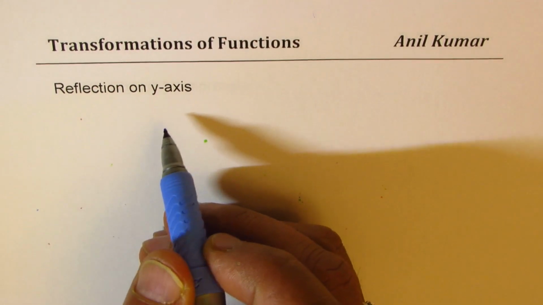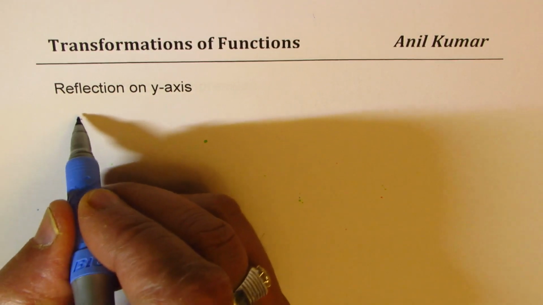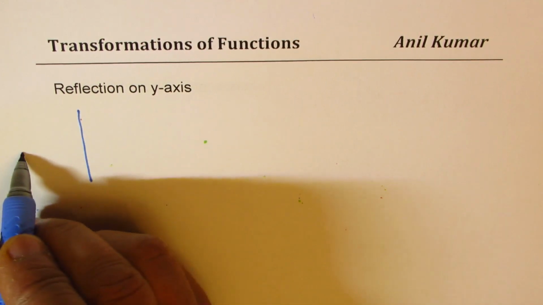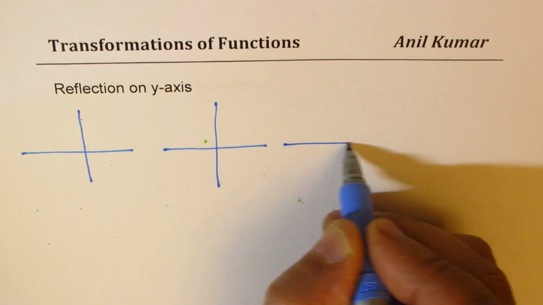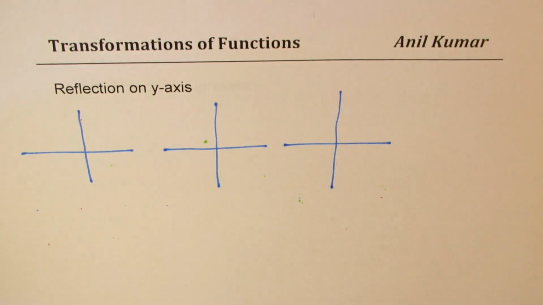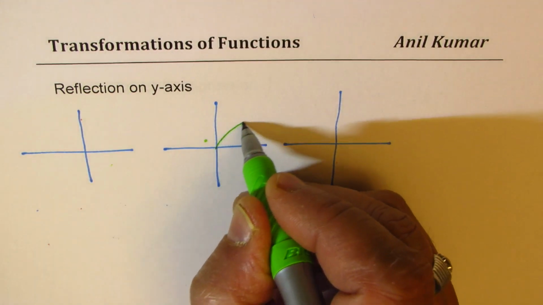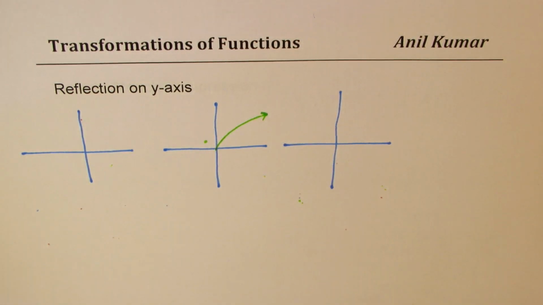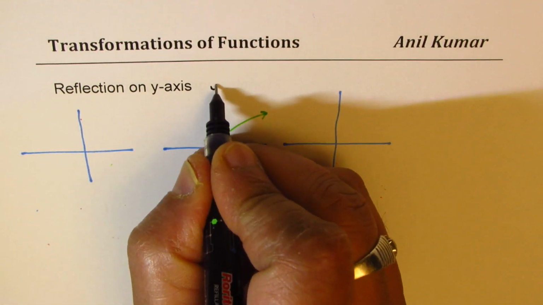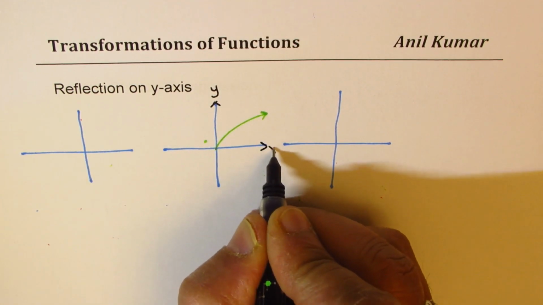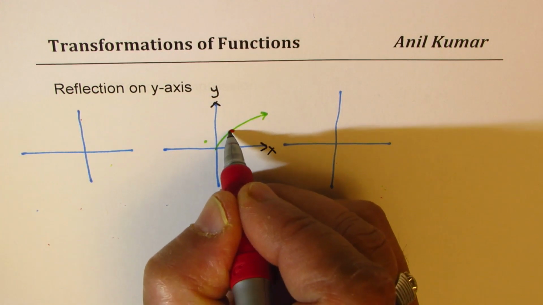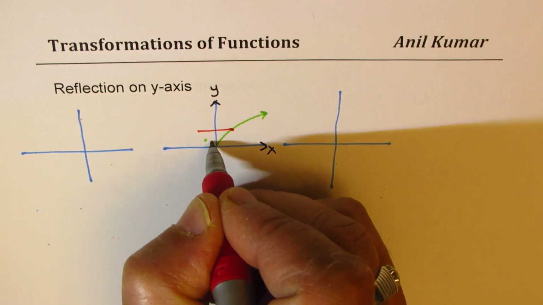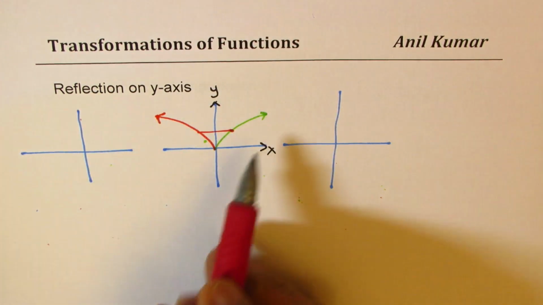Reflection on y-axis means what? Let us first sketch and then we'll talk about it. So if I have the square root function, now this is the y-axis for us. This is the x-axis. Reflection on y-axis means that all these points will get reflected on this side, so we get a graph which will be kind of like this.